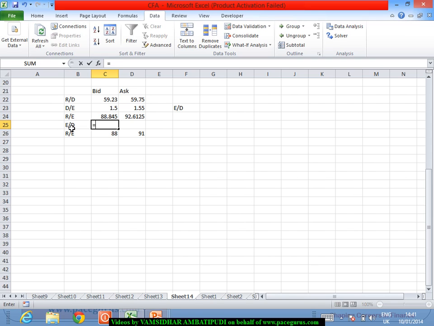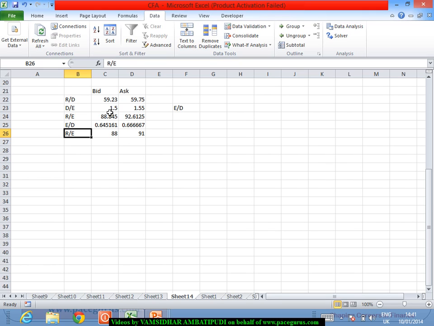For the bid I will take 1 by the ask of dollar to euro, and for the ask I will take 1 by the bid of dollar to euro to get euro to dollar. This is one more thing that we need to be aware of, though in this scenario I don't require that.